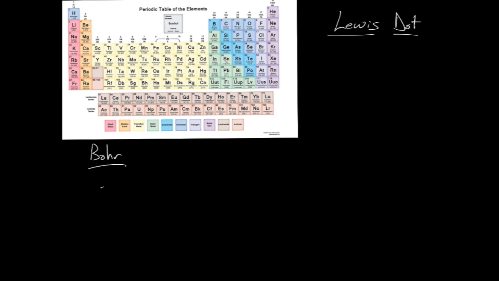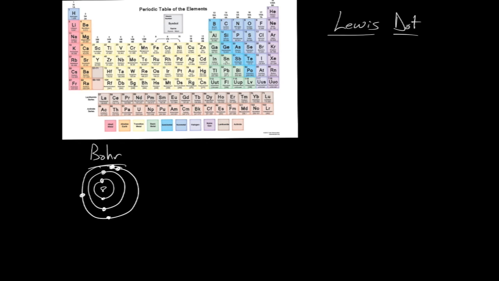The Bohr atom would say 8, and then it would say 2, and then in the 2s it would have another 2. That's 4. And in the 2p, it would have 1, 2, that's 4, 5, 6, 7, and then 8, right? So it'd have 8 electrons in total.